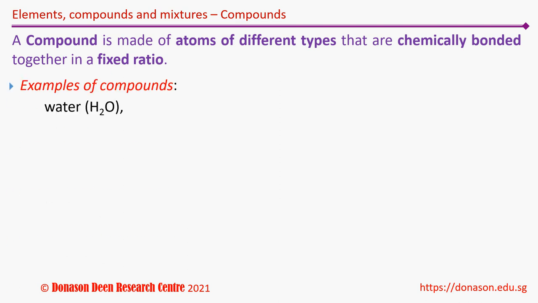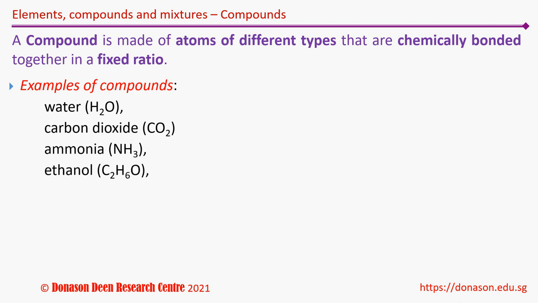For instance, water must always have 2 atoms of hydrogen that must always be bonded to 1 atom of oxygen in every molecule. Carbon dioxide has an atom of carbon always bonded with a couple of oxygen atoms. Ammonia has a nitrogen atom bonded to 3 atoms of hydrogen to form the compound. Ethanol has atoms from 3 elements: carbon, hydrogen, and oxygen combined in the ratio of 2 to 6 to 1.